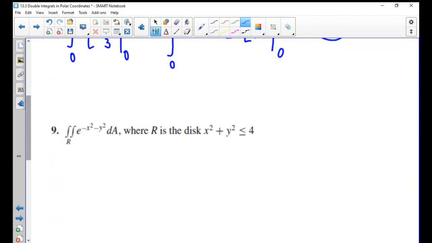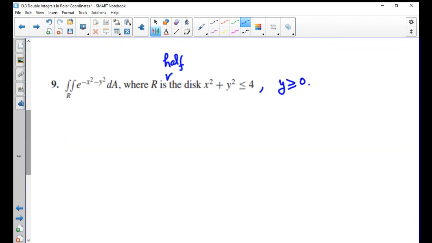Let me do this one. I will change it a little bit. I will say R is half the disk with y greater than or equal to 0. So I just want to change this question a little bit. Here, the region R this time is x squared plus y squared less than or equal to 4, a circle of radius 2.